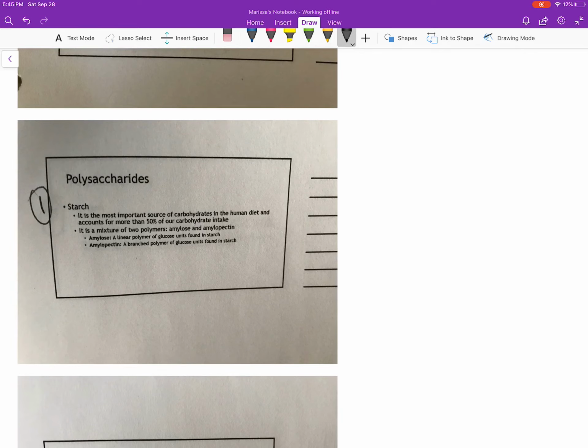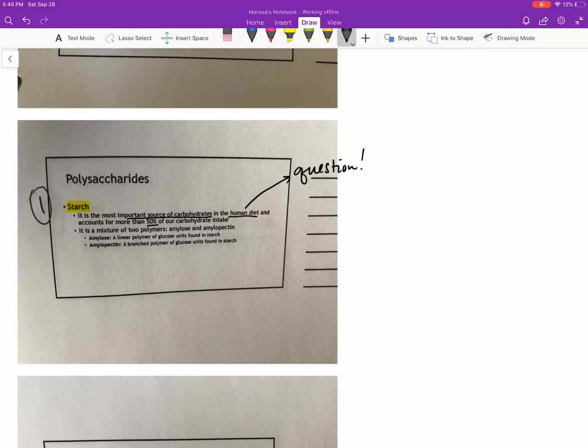So starch is the first one. It is the most important source of carbohydrates in the human diet. That sounds to me like good test material. It accounts for more than 50% of our carbohydrate intake. So what is starch?